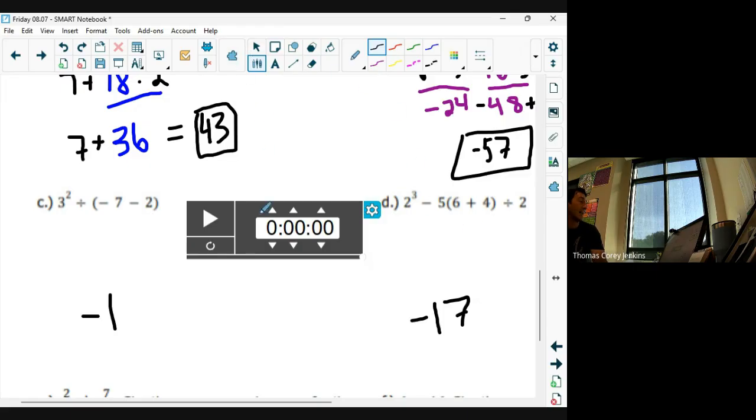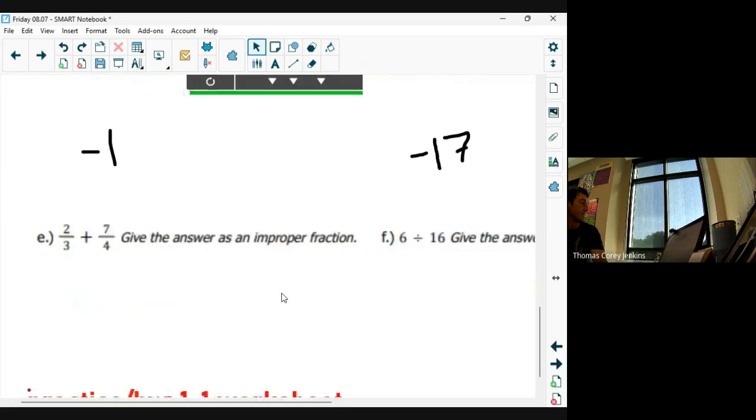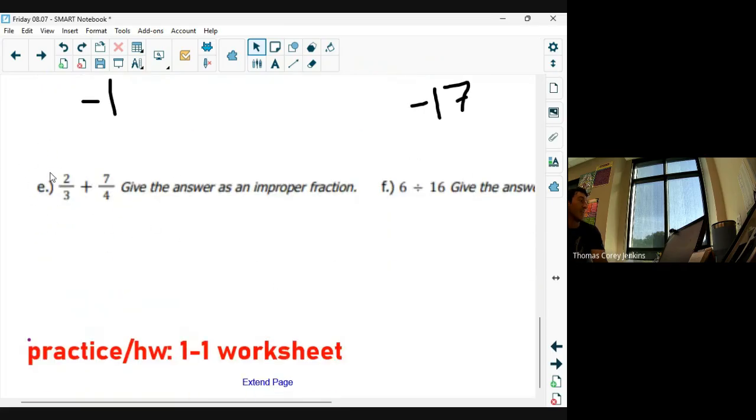All right. Last thing is a calculator deal, just to finish up. So doing fractions on a calculator, if you did E by hand, 2/3 plus 7/4, you would need common denominators. I would encourage you just to skip that unless you want to. Common denominators for 3 and 4 would be 12. Let's just type it in as it's written though, okay?